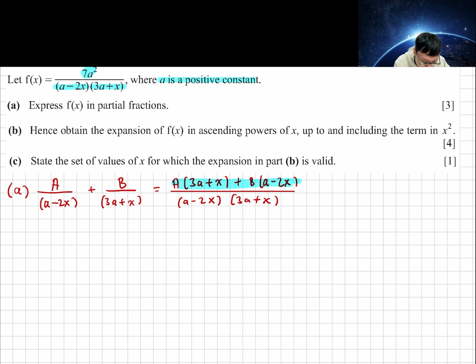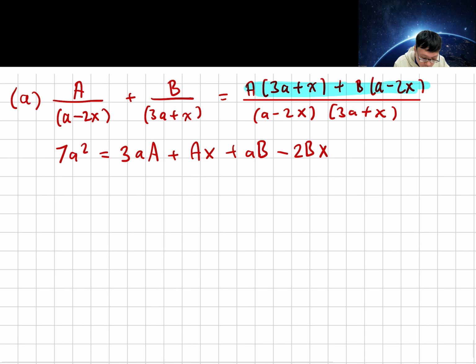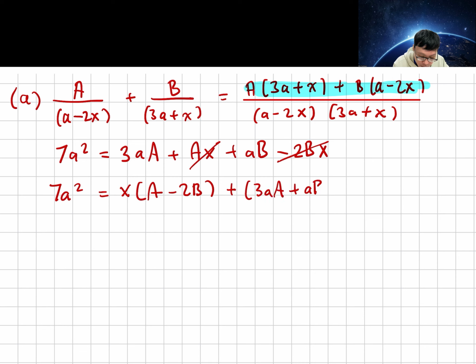So we get 7a squared equals, we expand, 3aA plus Ax plus aB minus 2Bx. Now, we can once again collect the x and the constant. So we get x in the bracket (A minus 2B), and then the constant we have 3aA plus aB.